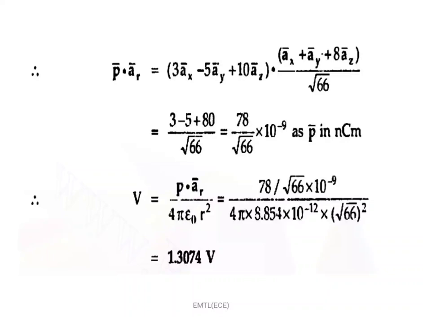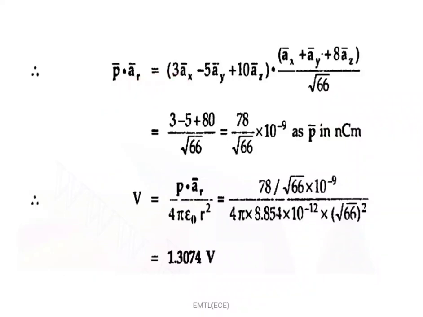So in the numerator 3 minus 5 plus 80 is equal to 78 by square root of 66. As p is in nanocoulomb-centimeters, it is represented with 10 power minus 9. Now clearly we find the value of p bar dot aR bar.